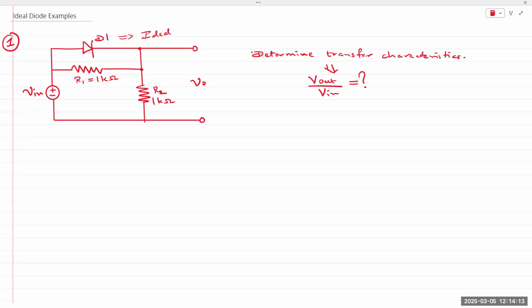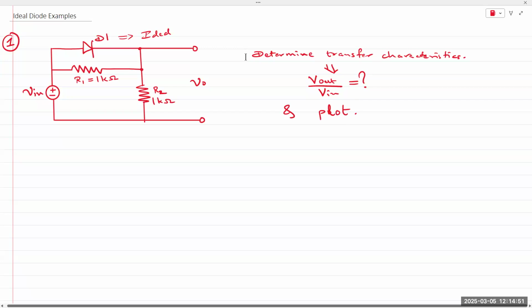It's also the transfer function, H of f or H of j omega, V out over V in. There's no other information given, and we don't need any other information. And then plot the transfer characteristics, V out versus V in.